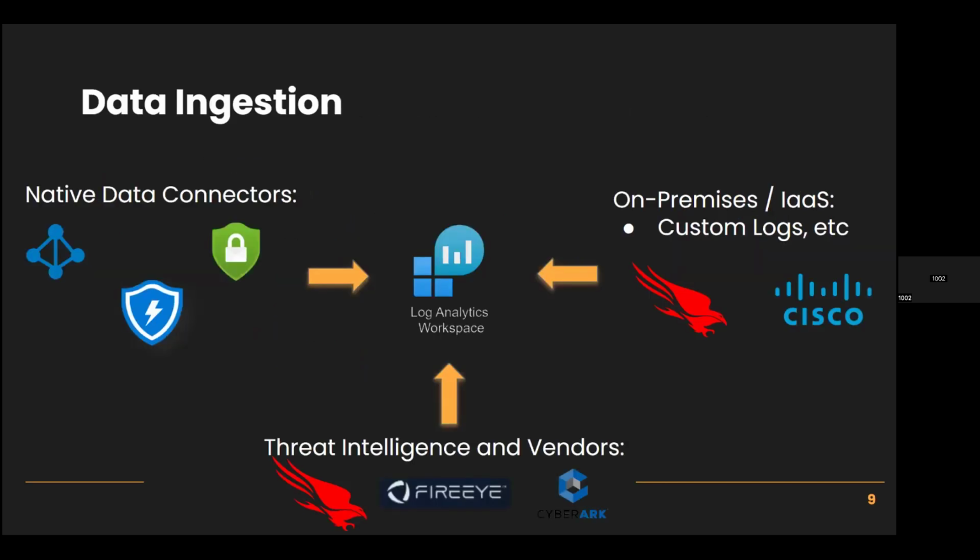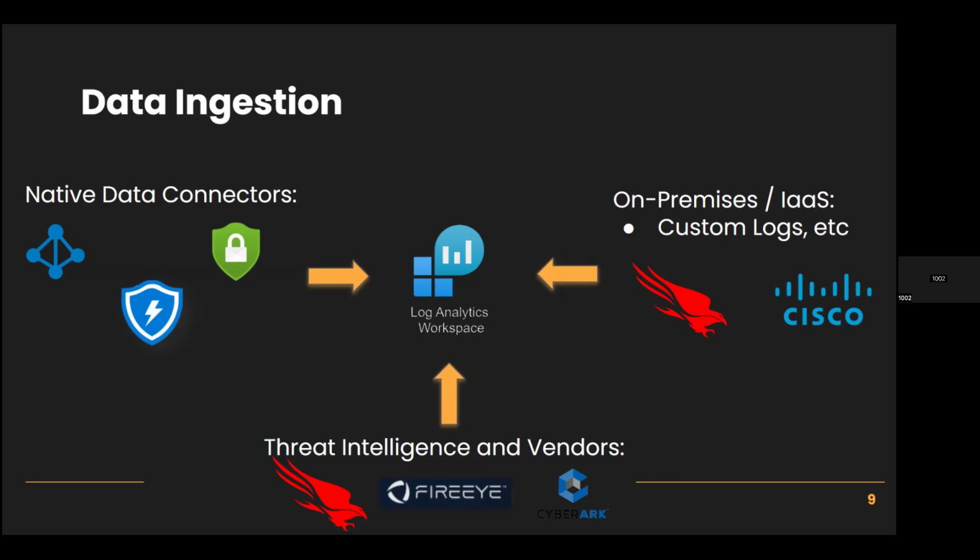First up, in Sentinel, you would want to bring in that data, and there are 3 main ways to do that. The first that I'll cover are native data connectors. This is basically through Microsoft's own infrastructure or platforms. It makes it really easy to connect your data from, for example, Azure Active Directory into your Sentinel platform.